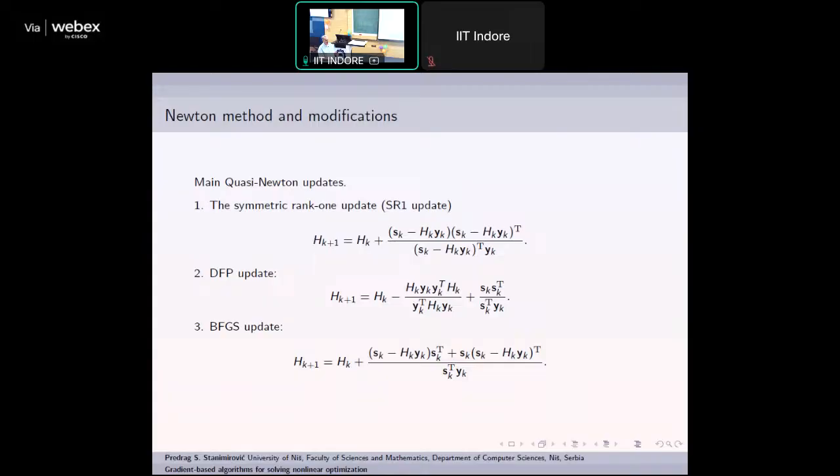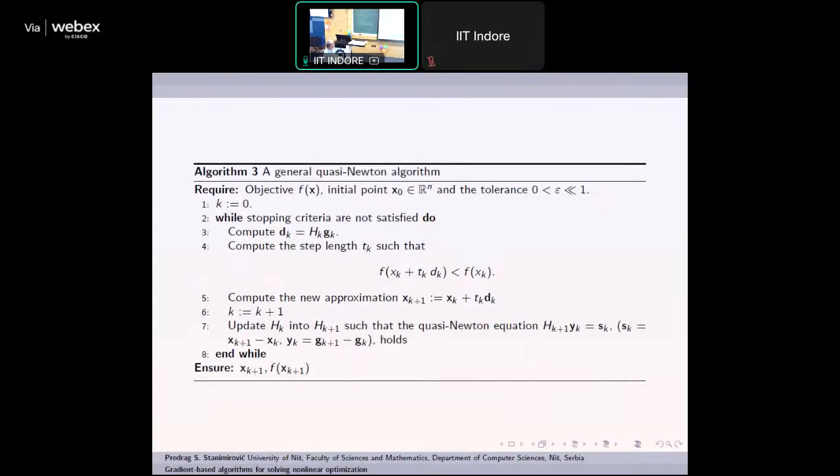It is much easier than computing second order partial derivatives and computing the inverse of this matrix. There are DFP updates, BFGS, Broyden, and the rule is, for example, presented here. Now dominant quasi-Newton updates. Almost every day we can find new methods about quasi-Newton updates.